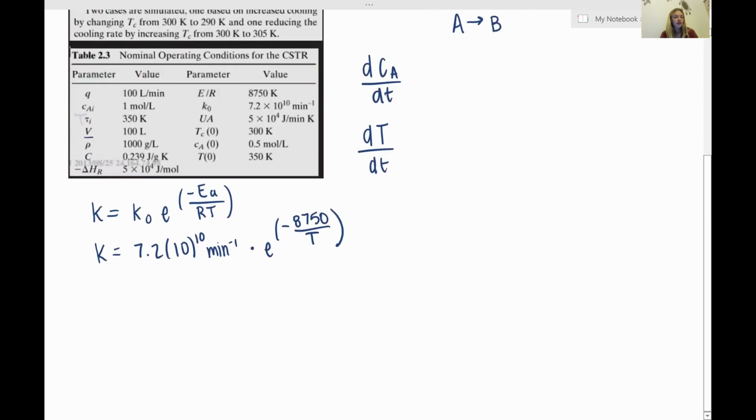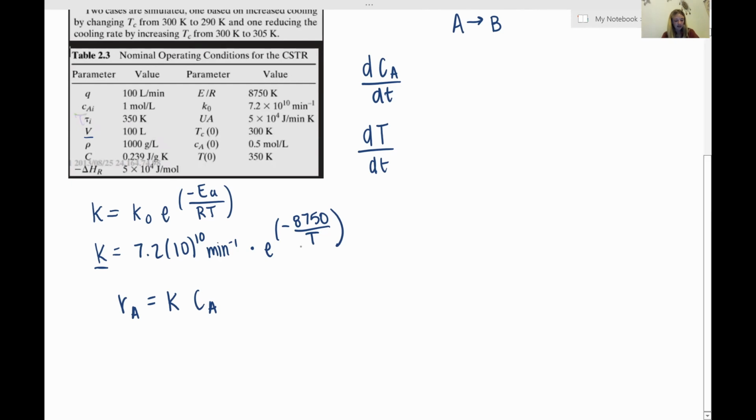So now we can say that our reaction rate for the concentration of A is going to be equal to our K from here times our concentration of A inside the tank, because it is a first order reaction.